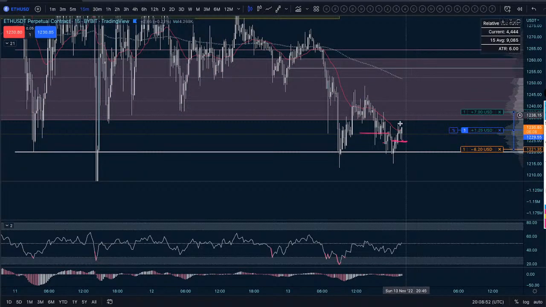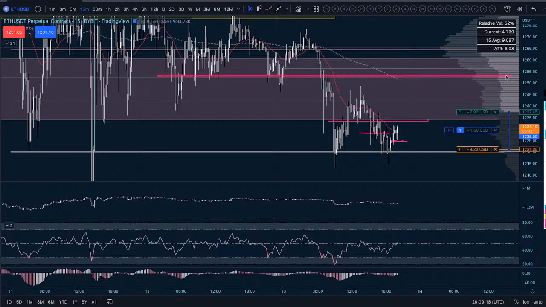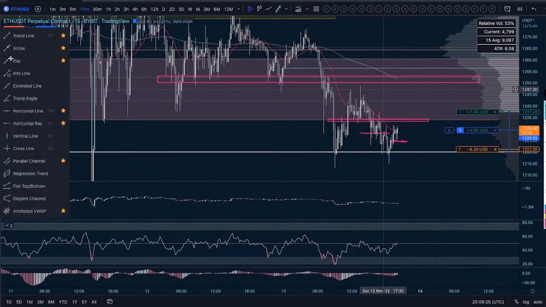I mean, if it breaks out from here, this area, it can go further, of course. It can go towards somewhere there. Let's say we were taking profits there first.